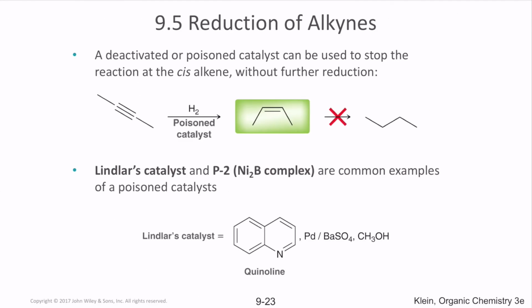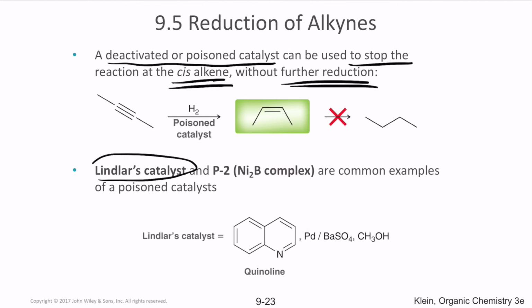Now, one way to stop the process at the alkene is to use a deactivated or poisoned catalyst, which can stop the reaction at the cis alkene without further reduction. Two poison catalysts are commonly used. One is Lindlar's catalyst, and the other is P2, which is a nickel boride catalyst.